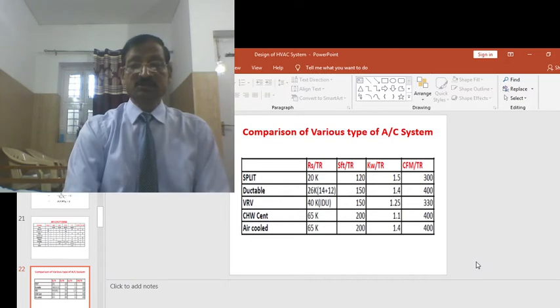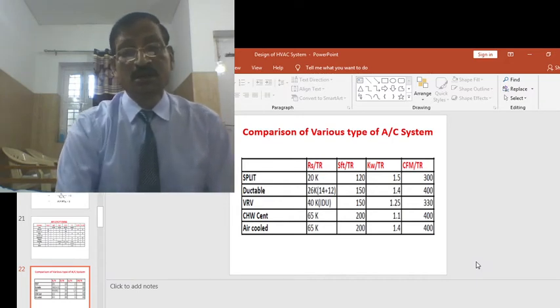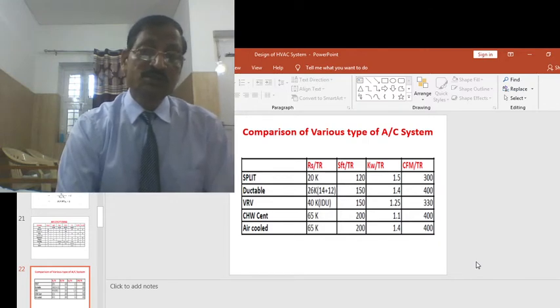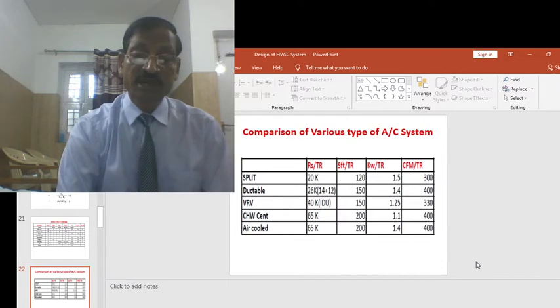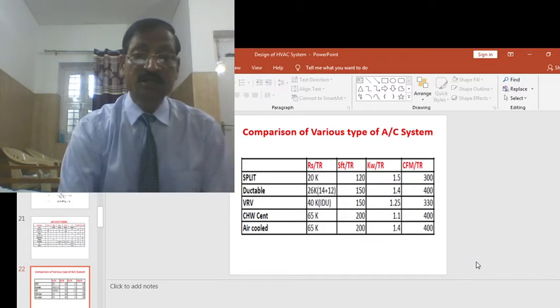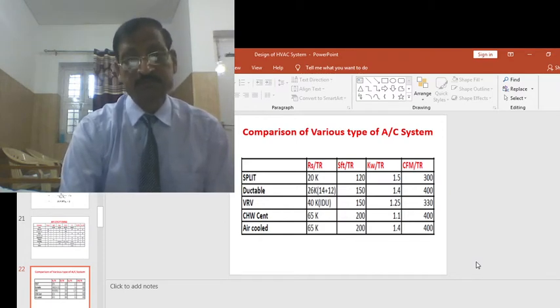Various types of air conditioning systems. In our modern life, we use a split AC system, ductable AC system, VRV (variable refrigerant volume), chilled water central air conditioning plant, and air cooled system.